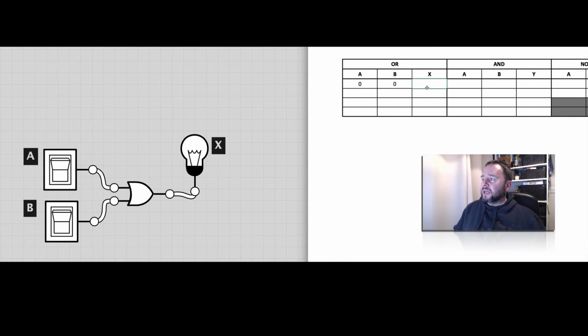No. So the answer is 0. Nothing going in A, nothing going in B, nothing comes out. Now, to fill in the rest of the truth table for A and B for the inputs, if you can count in binary, count up in binary, and that way you will not miss a combination.